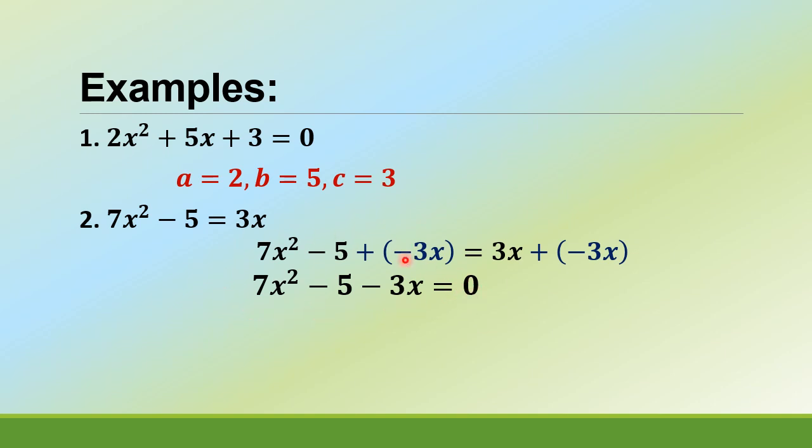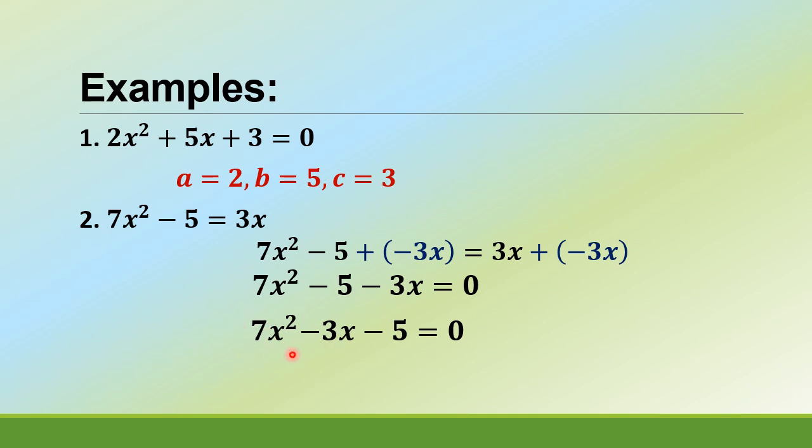Standard form? Not yet, because it is not arranged properly. So, arranged into standard form, it will become 7x squared minus 3x minus 5 is equal to 0.